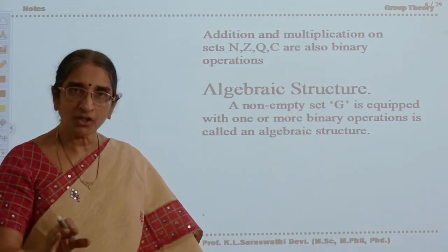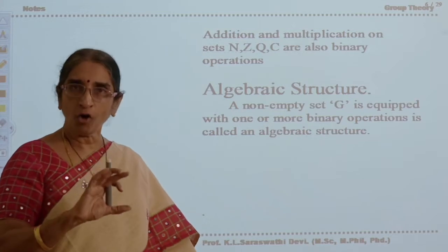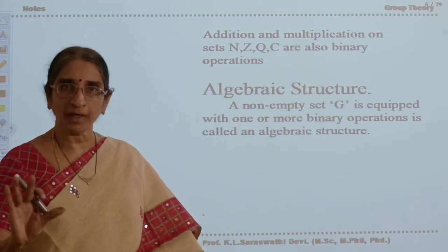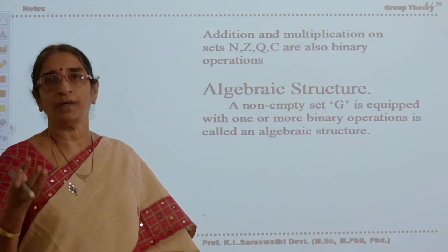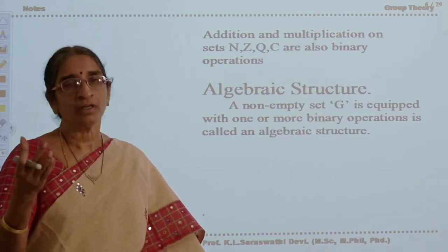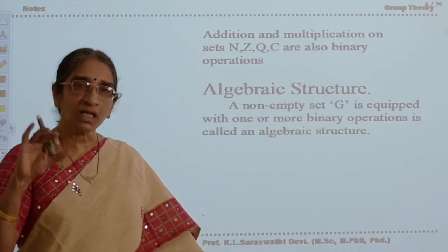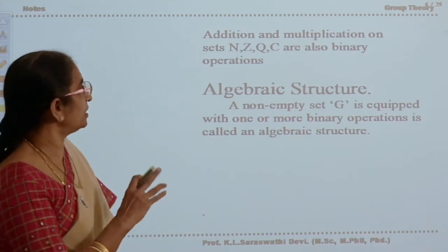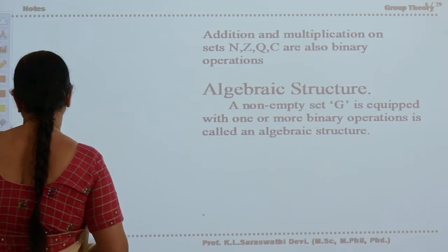A binary operator is an operator which, when operated among two elements of the set, gives a result that is also in that set. Then it is said to be an algebraic structure.